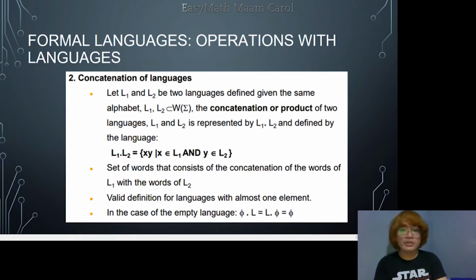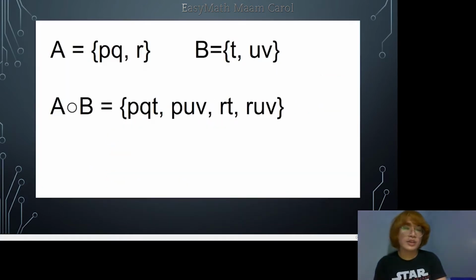A valid definition for a language has at least one element. In the case of the empty language, the empty language multiplied by a language is equal to the empty language, just like any number multiplied by 0 is 0. Here is an example, with the same given sets.